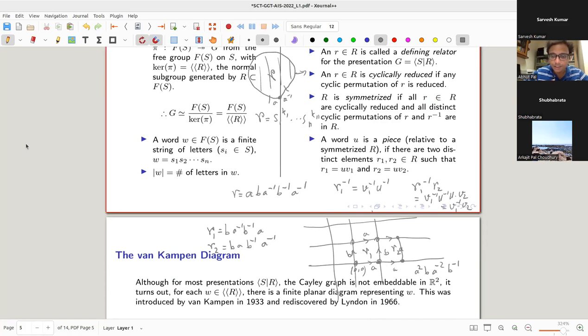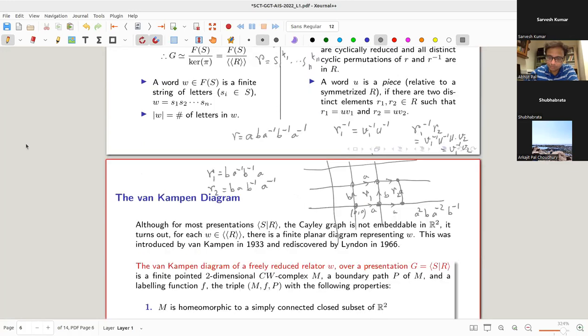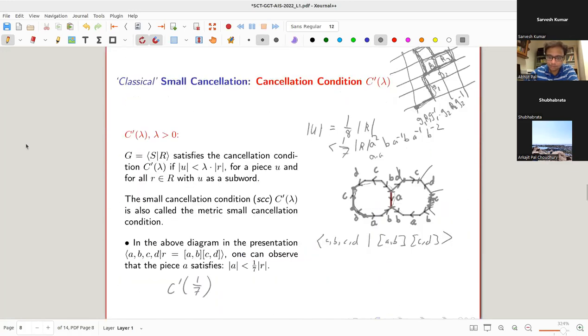You have to extend this R. So R is symmetrized if all R are cyclically reduced, and all distinct cyclic permutations of R and R inverses are in capital R. Essentially they are all the same. If I have a one-relator group, all of them give me the same relator, because I can write them as a conjugate, a cyclic permutation. That's true, right?